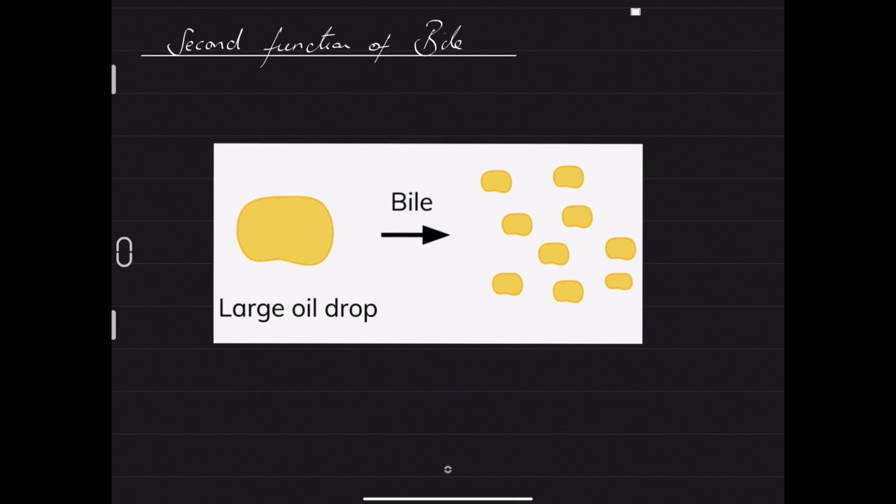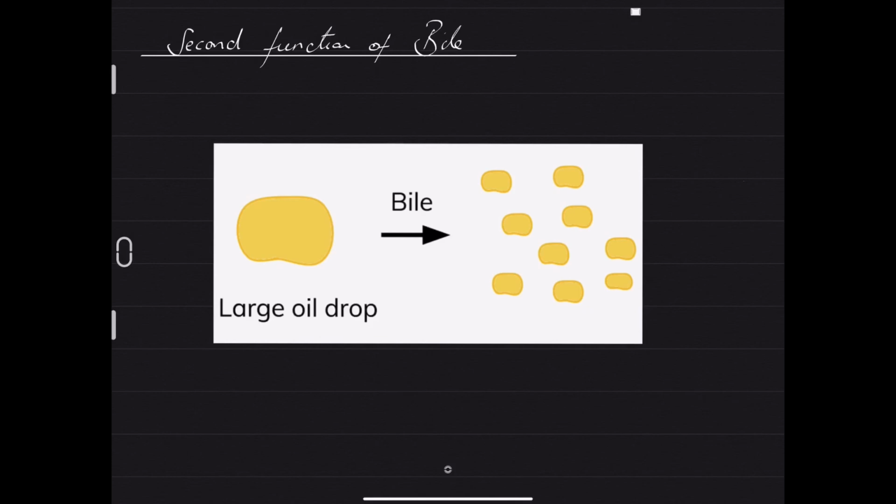Now, the breakdown of, let's say, lipids into its smaller constituent pieces happens via the enzymes. But for the enzyme to work, we need a bigger surface area for the enzymes to work on. So what we say is that the bile will emulsify the fats in our food. This means that the bile will physically break up large drops of fat into smaller droplets.